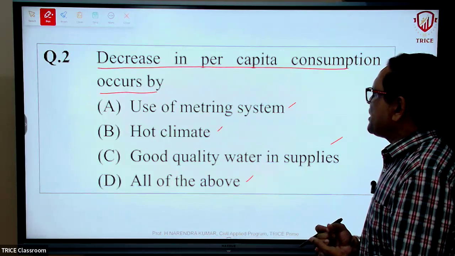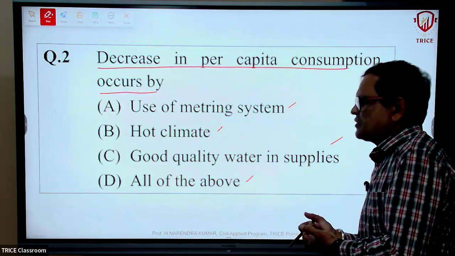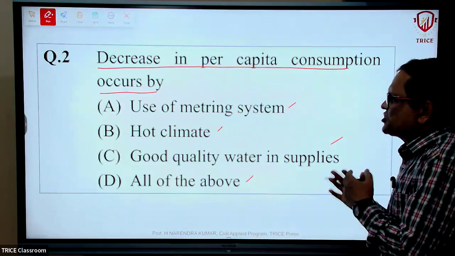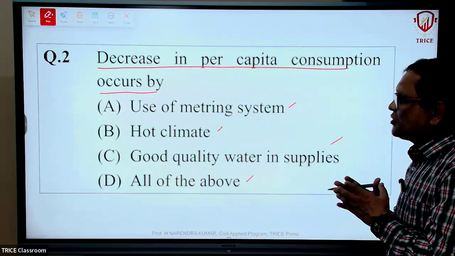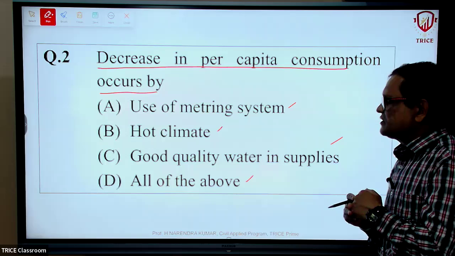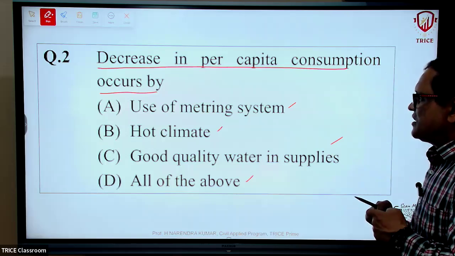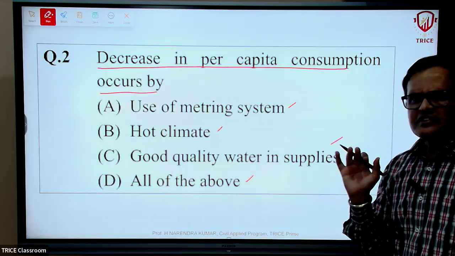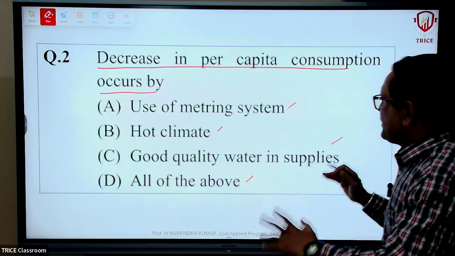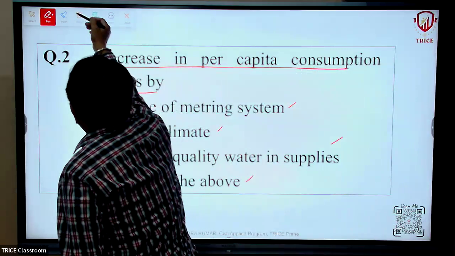So when there is a metering system, what is that metering system? Because you are going to charge based on the consumption. Even in electricity or water supply, when there is a meter, we'll try to consume less. Very simple answer. Okay. Use of metering system is the right answer.